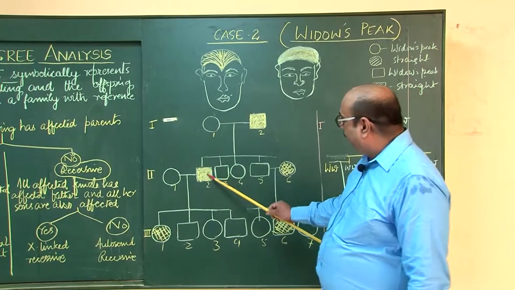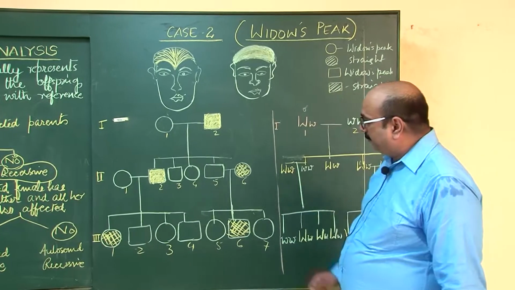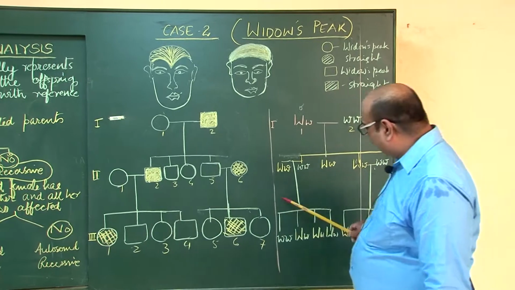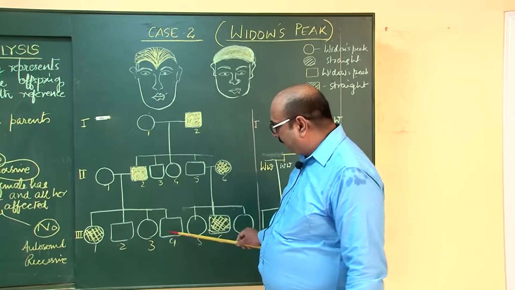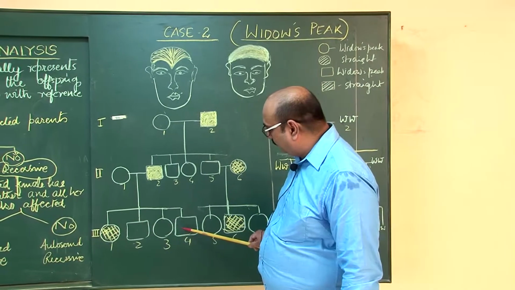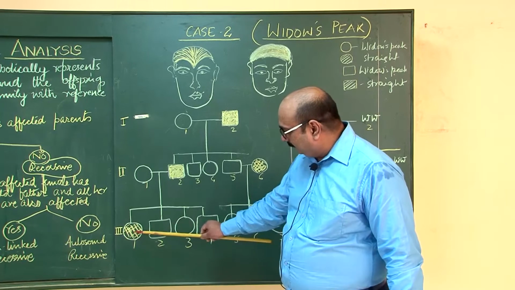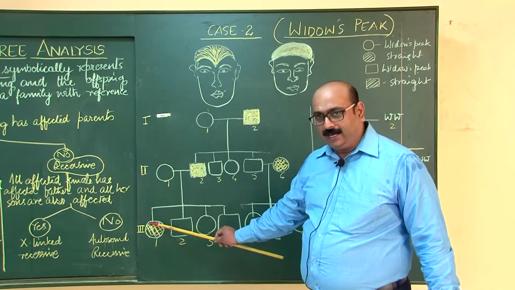Similarly, if a male is married to a heterozygous, affected female, then three of the progeny are affected: the two sons, and of the females one is affected and one is unaffected.